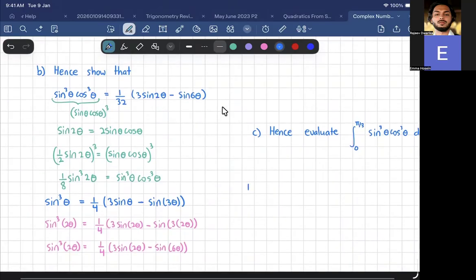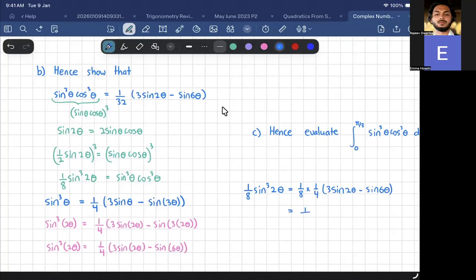So that shouldn't be a problem. 1 over 8 sine cube 2 theta would just be equal to 1 over 8 multiplied by 1 over 4, times 3 sine 2 theta minus sine 6 theta. And that's going to be 1 over 32. Hopefully, I multiplied correctly.